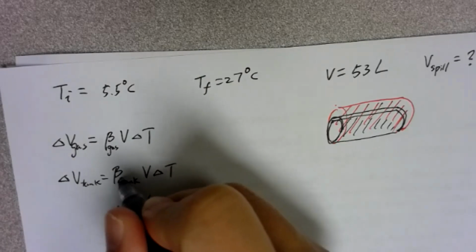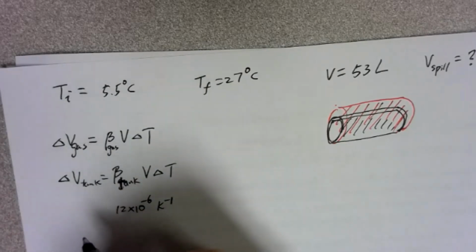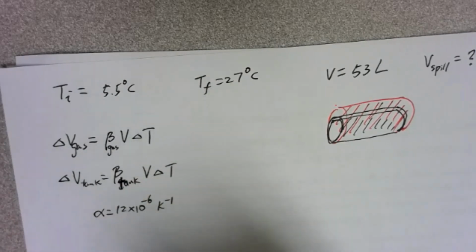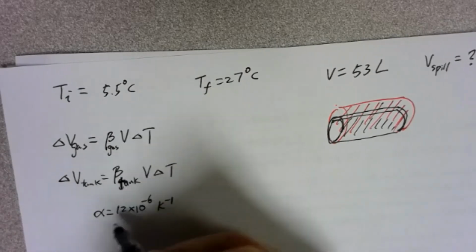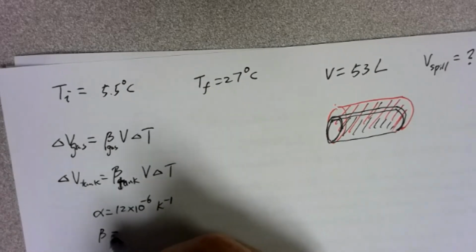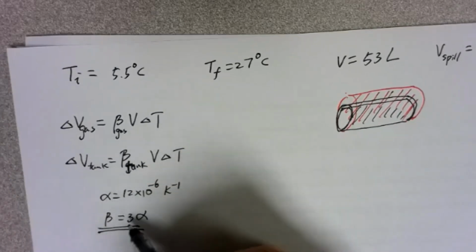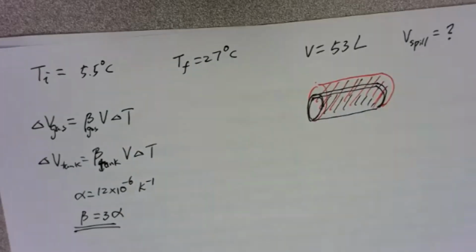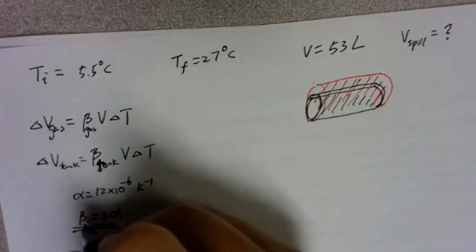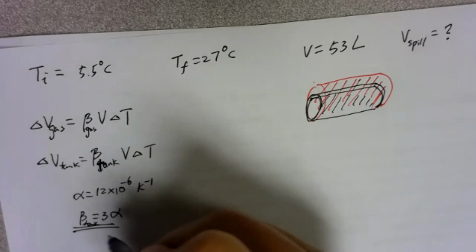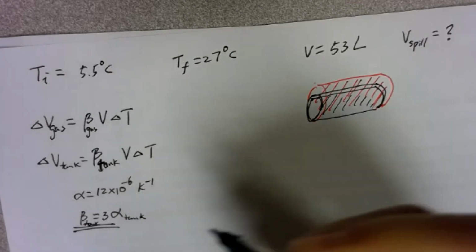Be careful, okay? It actually gives you alpha equal to that. Beta should be equal to 3 times alpha. So remember that. If you are given alpha and you need beta, you have to do 3 times alpha. So beta of tank is 3 times alpha of tank.